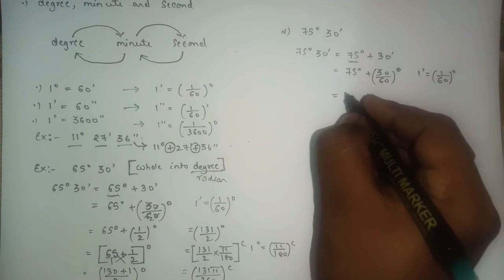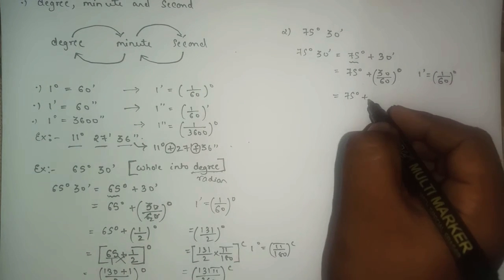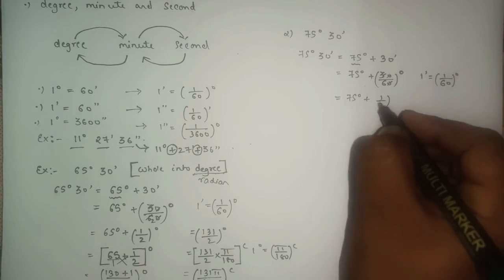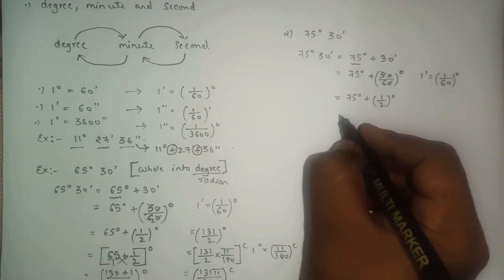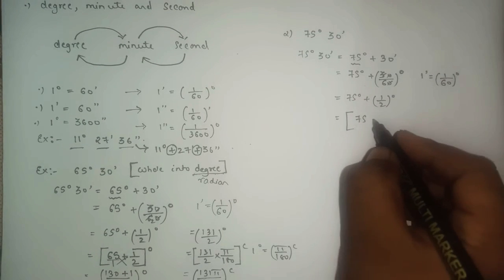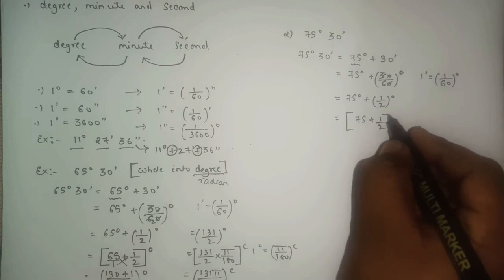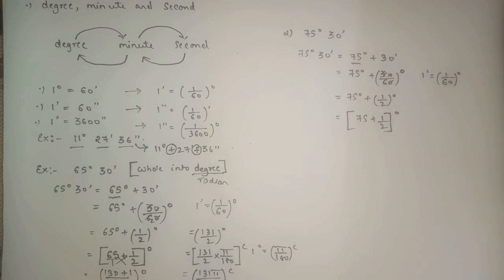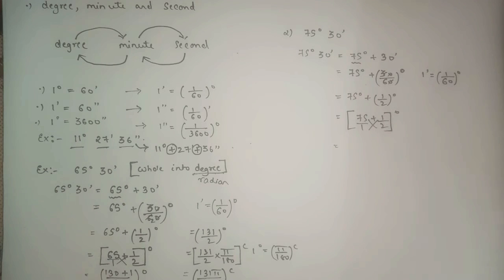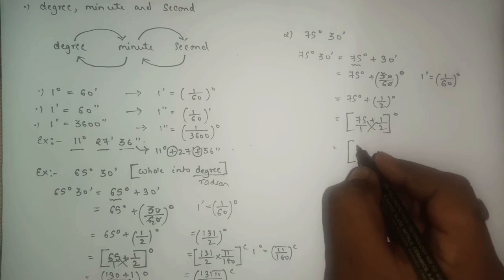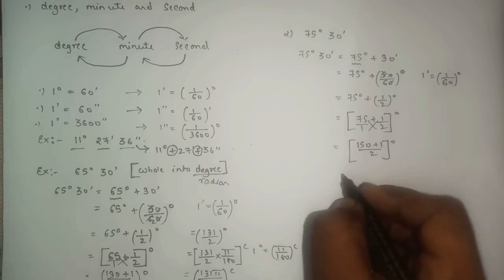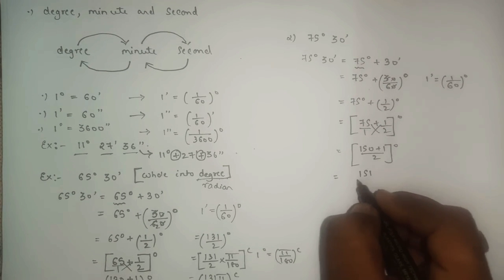Okay, so we'll keep the 75 as it is. When you cancel this part, you will get 1 upon 2 degree. Further, as both the numbers are in degrees, we can write this section as 75 plus 1 upon 2 degree. Yes or no? Further a cross multiplication, so here you will get 150 plus 1 upon 2, so this will be 151 upon 2.